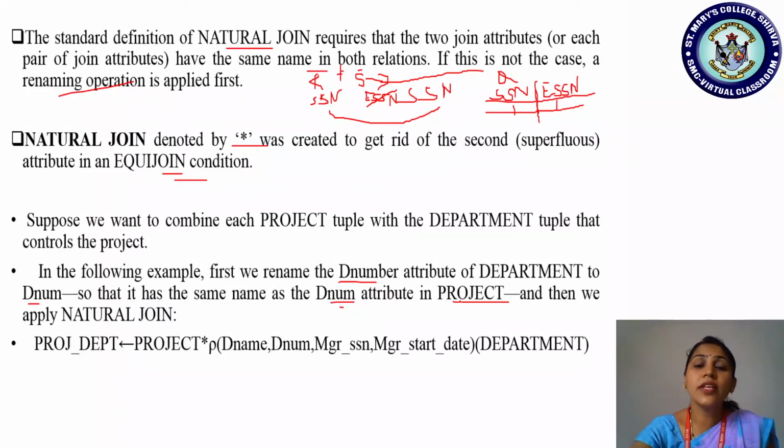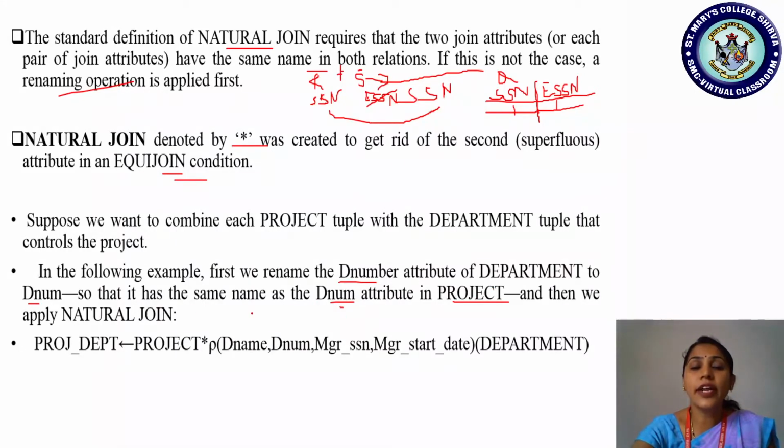So it saves the department number information under the name Dnum. In order to make the attribute name common, we are applying the renaming operation on the Dnumber attribute present in the department relation, giving it the new name Dnum. Why are we giving this new name? Because this new name is similar to the attribute name present in which relation? The project relation. Is that clear?